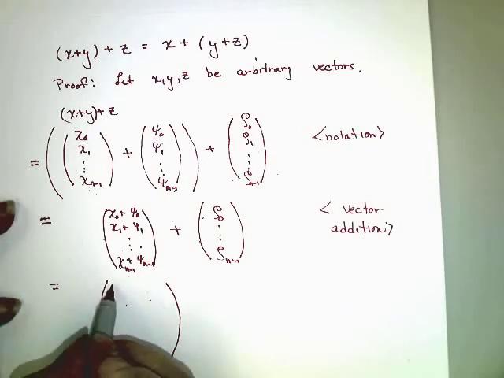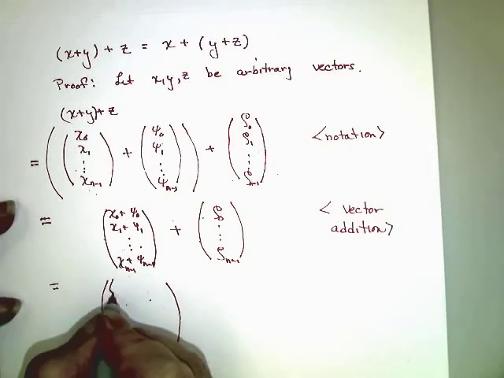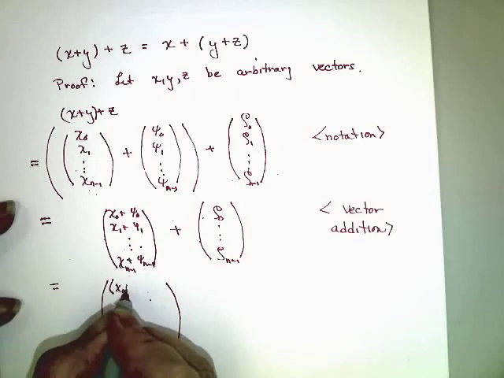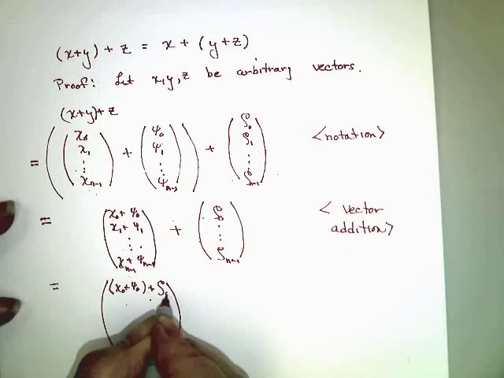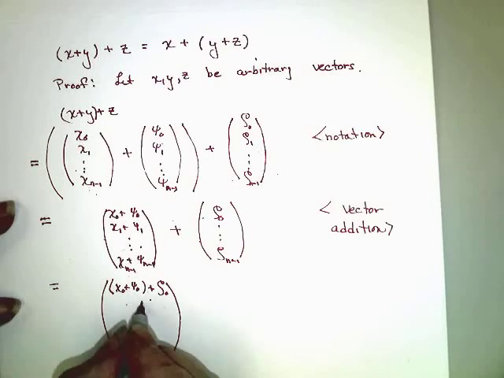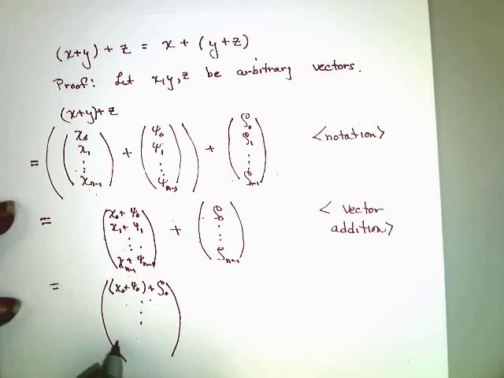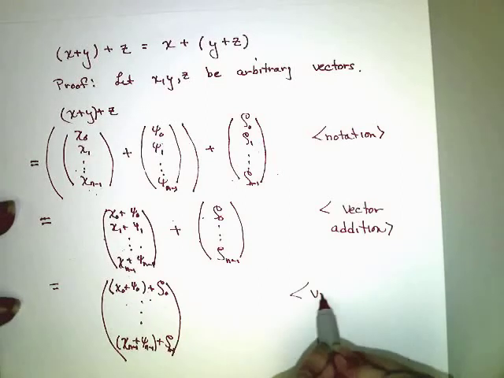So it becomes the quantity chi 0 plus psi 0, plus zeta 0, and so forth for all of them. Chi n minus 1 plus psi n minus 1, plus zeta n minus 1 will be the last. Again, this is just vector addition.